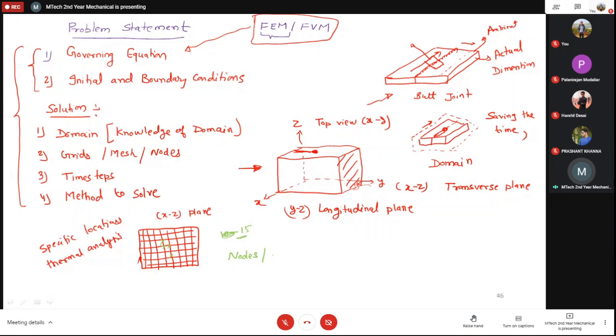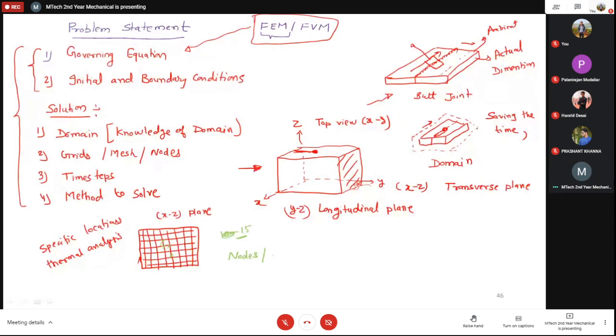Likewise, if we discretize the top view, we can give the position where our flux is there. So this discretization and the meshing will help us in applying the boundary conditions, applying the input heat flux, applying where the heat loss is there, and applying different temperature conditions.